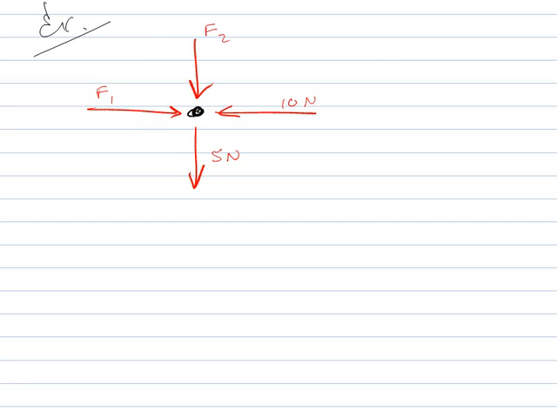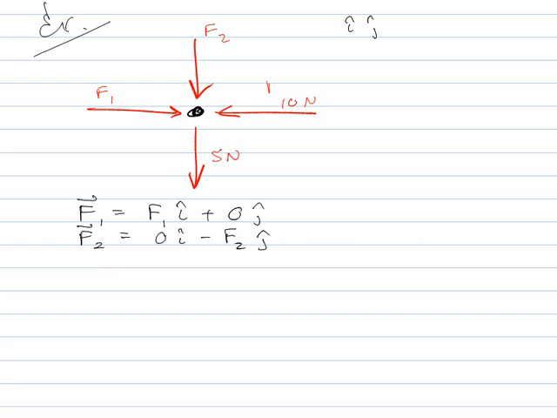Okay, so if I'm going to write these out, F1, I don't know what it is, but it goes to the right. So if I'm just doing i hat, j hat, its total magnitude is in the i hat direction. F2, its total magnitude is in the j direction, so 0 minus F2, and it's in the negative j direction.